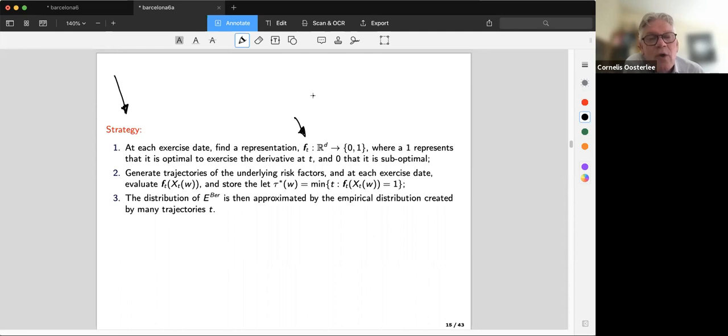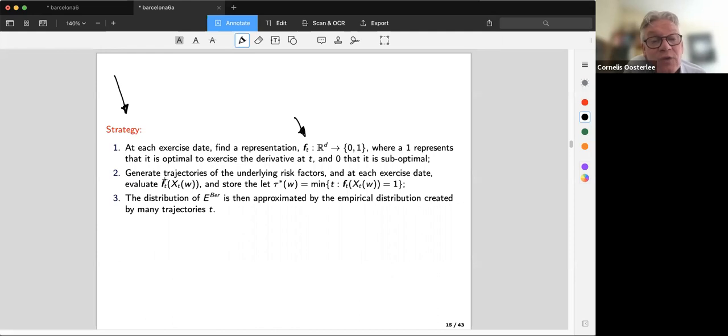So we would find, I will go into detail later, but we will have two stages. First, we just look for the early exercise decision. So we would generate trajectories of the risk factors or the asset path. Risk factor and asset path are used interchangeably. And for each exercise date, we would evaluate that optimal stopping decision.